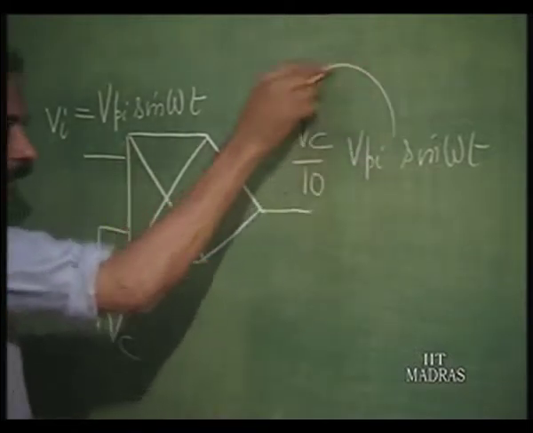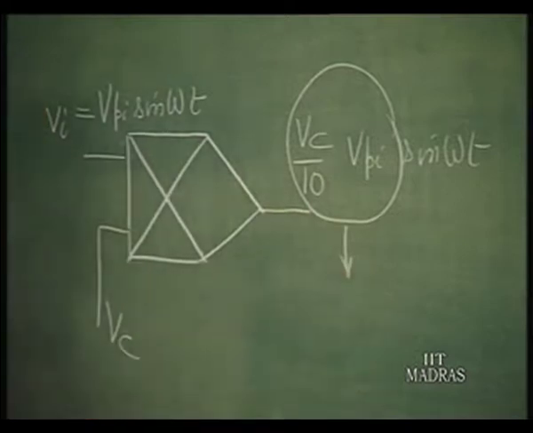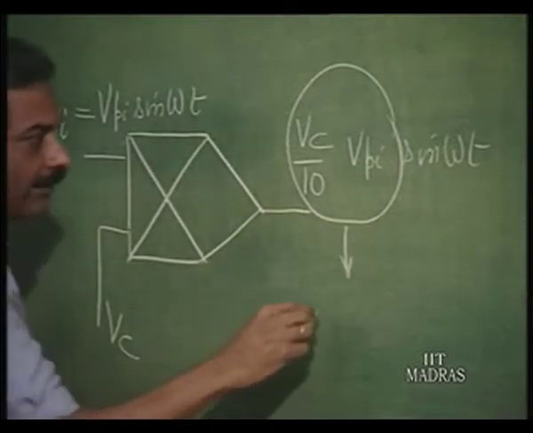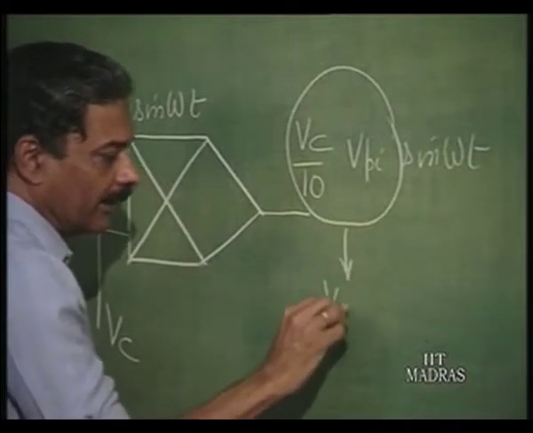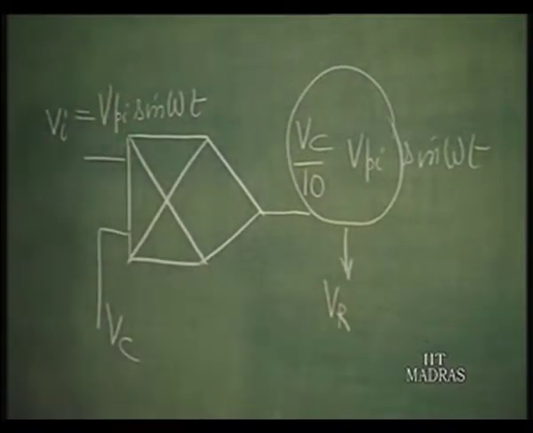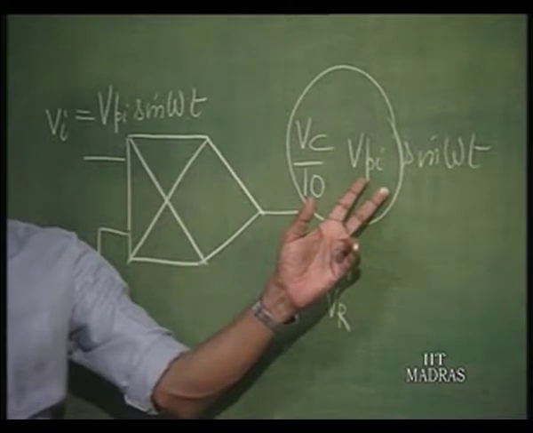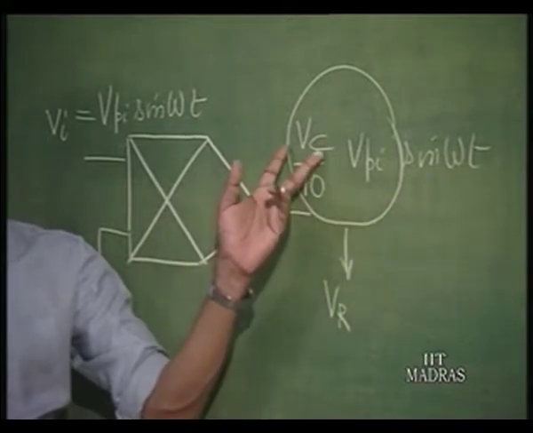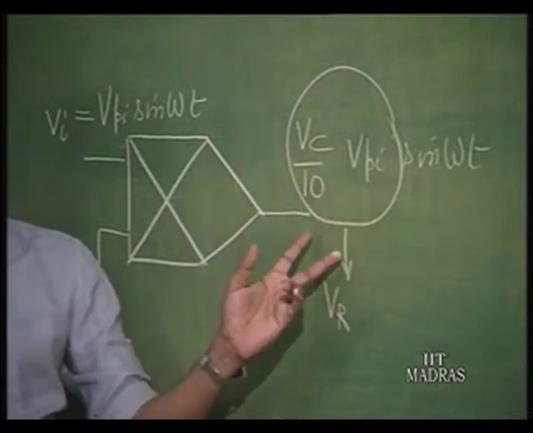So what is asked is that this should remain constant at a certain value. Let us say this is going to be Vr. So how do we maintain this constant? Vpi, if it decreases, Vc should increase, so that Vpi into Vc remains a constant.